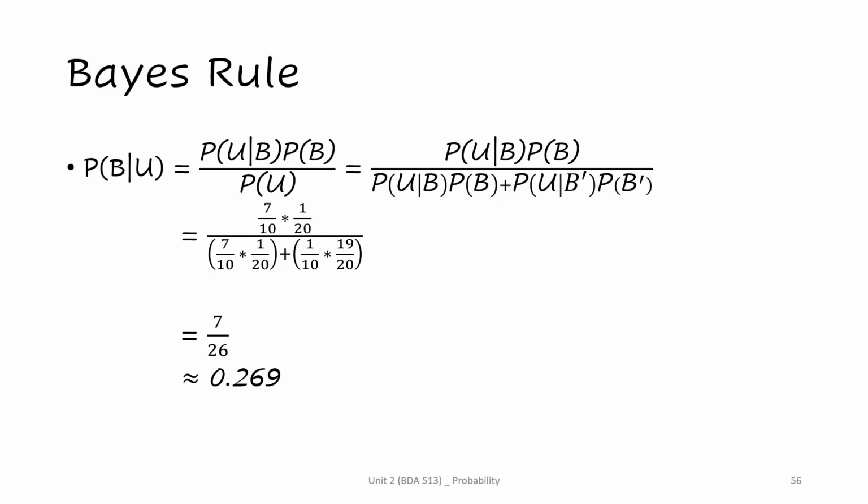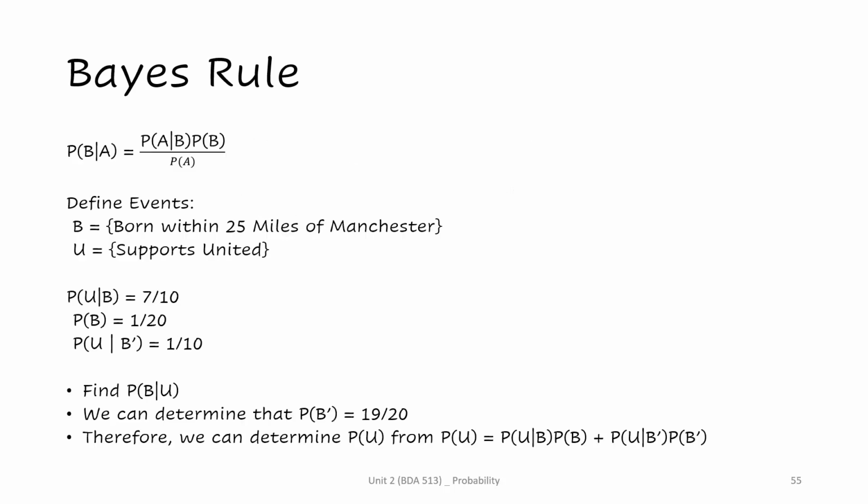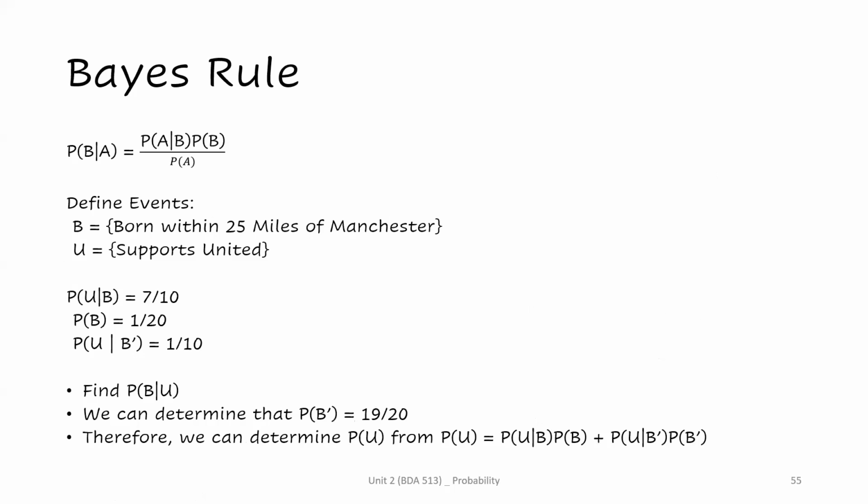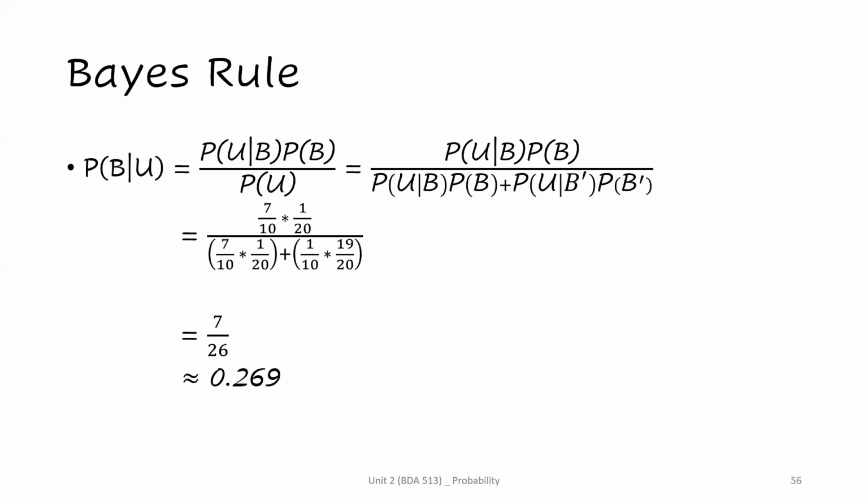So we are looking at the denominator. We are just looking at those who support Manchester United. Remember that in the question, all that we are interested in now is people who support Manchester. But those who support Manchester are made up of those who were born within 25 miles of Manchester.